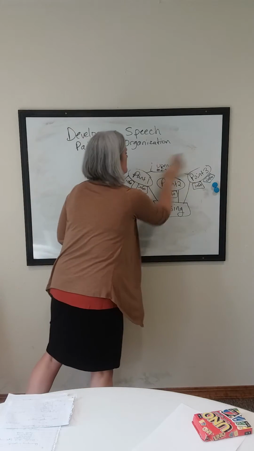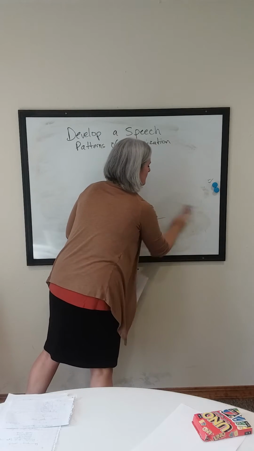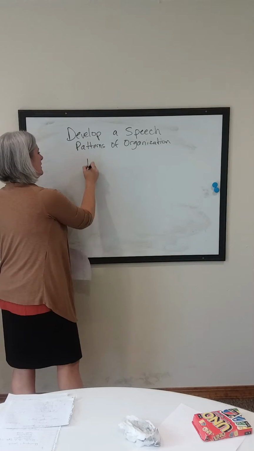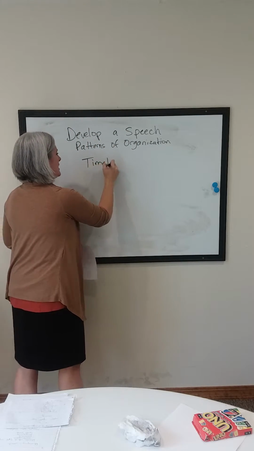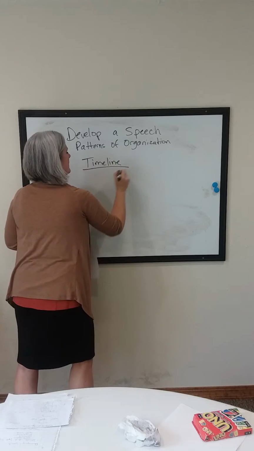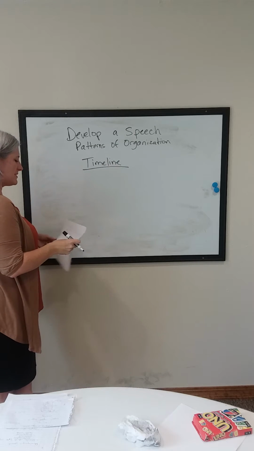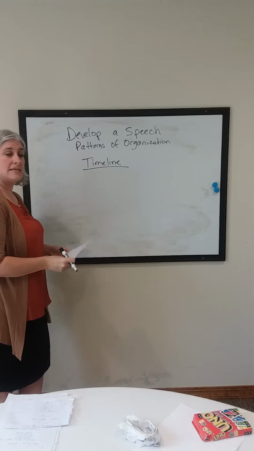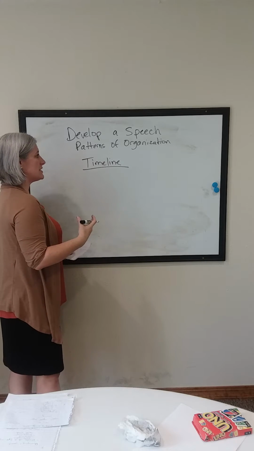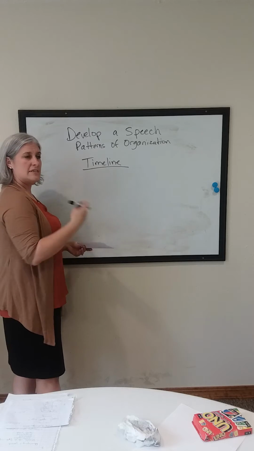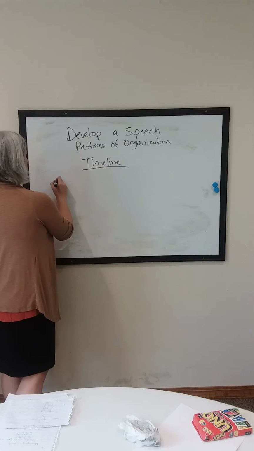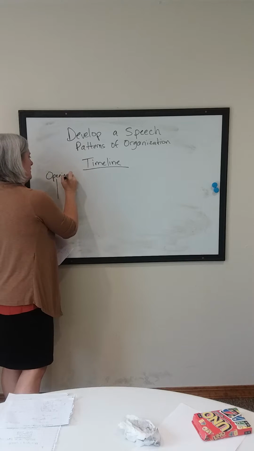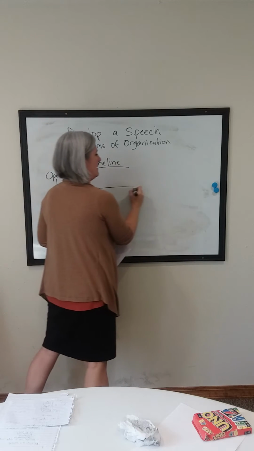And that one, here we go, let me get this erased so I have enough room. For that one, it is called a timeline. Now for this, as I said, the reason why it works really well for biographical speeches is because it goes in chronological order. So in the order of time. So we're going to start over here with our opening, which includes our main idea.